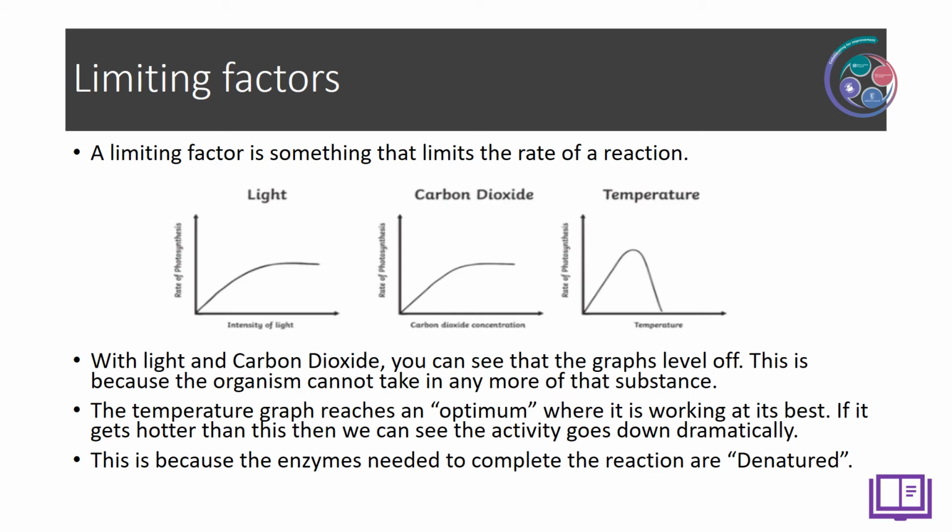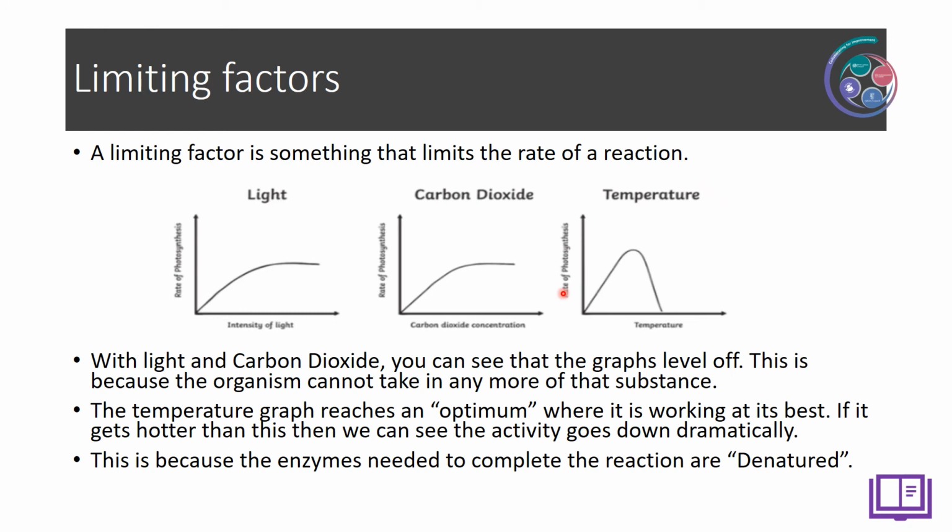For photosynthesis, there are three main limiting factors. There is light, so the light intensity, how intense the light is for the plant. There is carbon dioxide concentration, how much carbon dioxide the plant has to breathe in. And then finally we've got temperature.